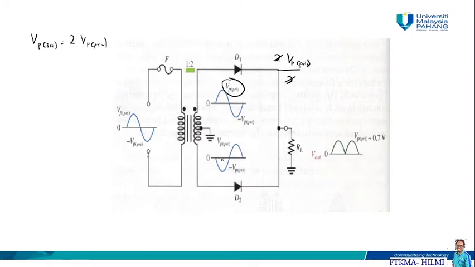Both should be divided by 2, therefore we get VP primary.